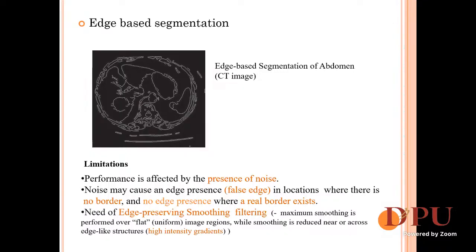Now, if you go for pre-processing, it might happen that you continuously lose the edge information. You are trying to blur your image and continuously you are losing the edge information. So we need to design a filter which will not work whenever there is an edge, but if there is no edge, it will work.